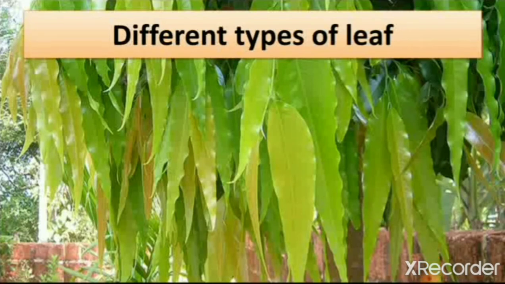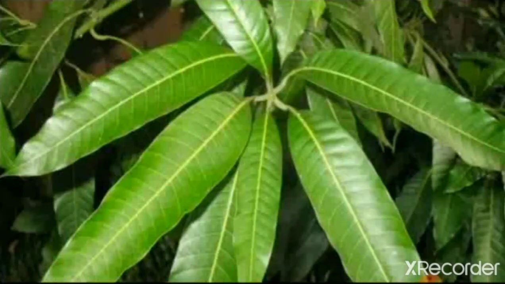Now let's see different types of leaf. Here I show you some leaves which we see in everyday life near us. This is a leaf of Ashoka tree which we use in decorating our house. Here is a leaf of mango tree.